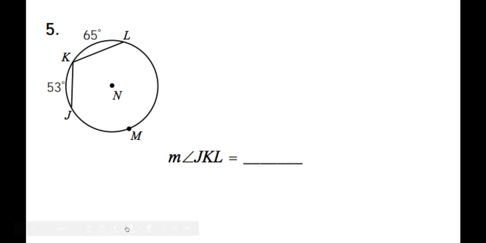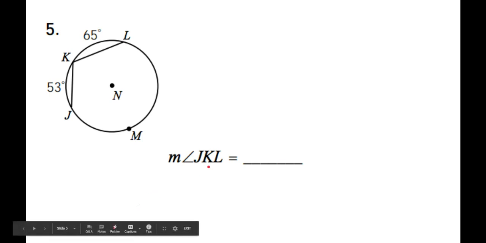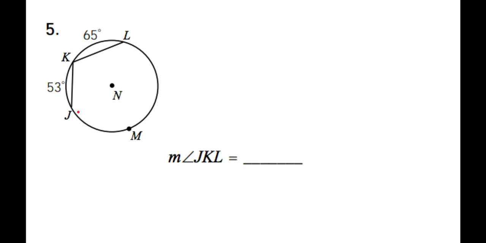Now, in this problem, they want us to figure out JKL. What is the measure of angle JKL? Well, in order to figure that out, I would need this arc, JML. But I don't have that.